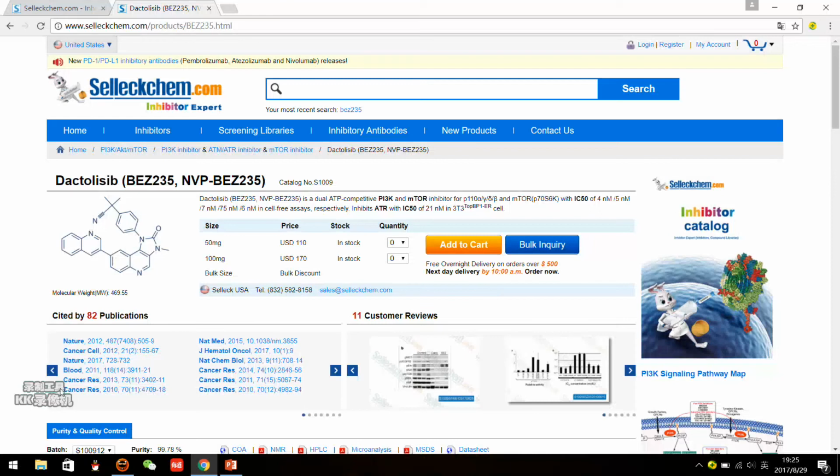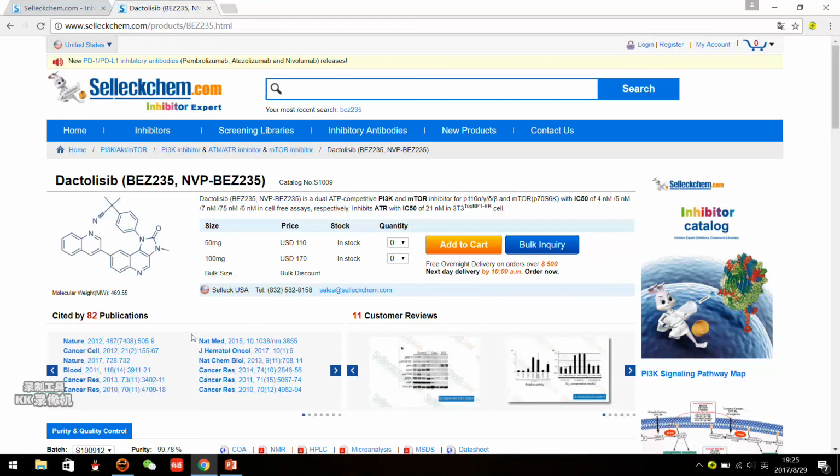This is the BEZ235 citation list part, and this is only SelectChem BEZ235 cited publication. The citation publication number reaches 85. It is also from the side of this BEZ235 of SelectChem provides good quality and is recognized by scientists.